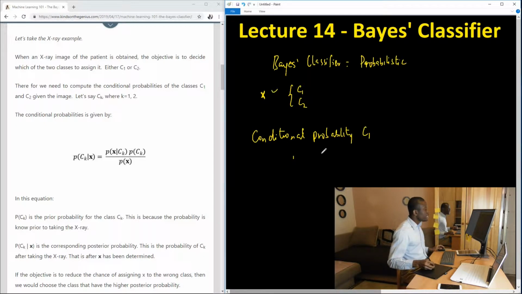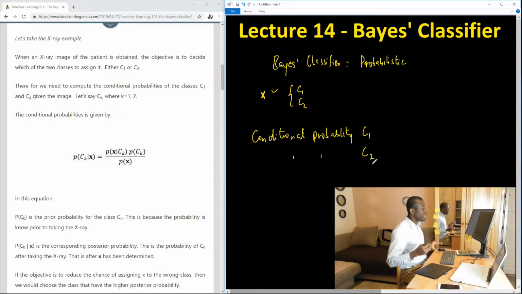We also calculate the conditional probability that it belongs to class 2. So if we calculate these two conditional probabilities, we check which one is higher and then assign X to the class with the higher probability. So that is basically how Bayes classifier works.